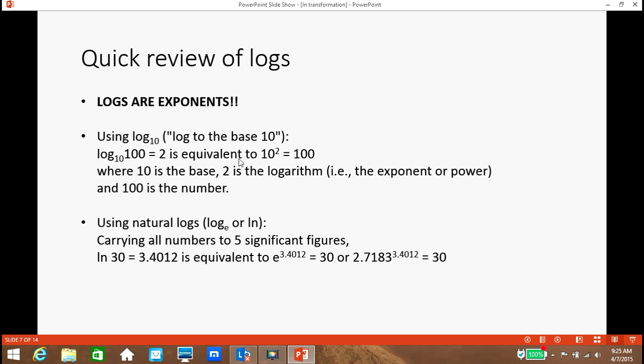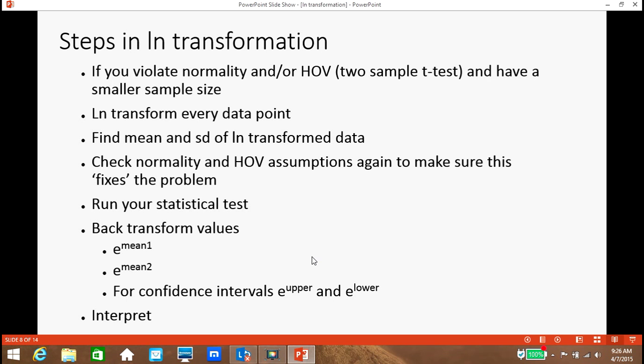So that just means that raising the base 10 to the 2 equals 100. So natural log is the base e, 2.7183. And that's similar, though, in terms of the natural log of 30 equals 3.4012, because if we needed to raise the base e to 3.4012, that would equal 30.